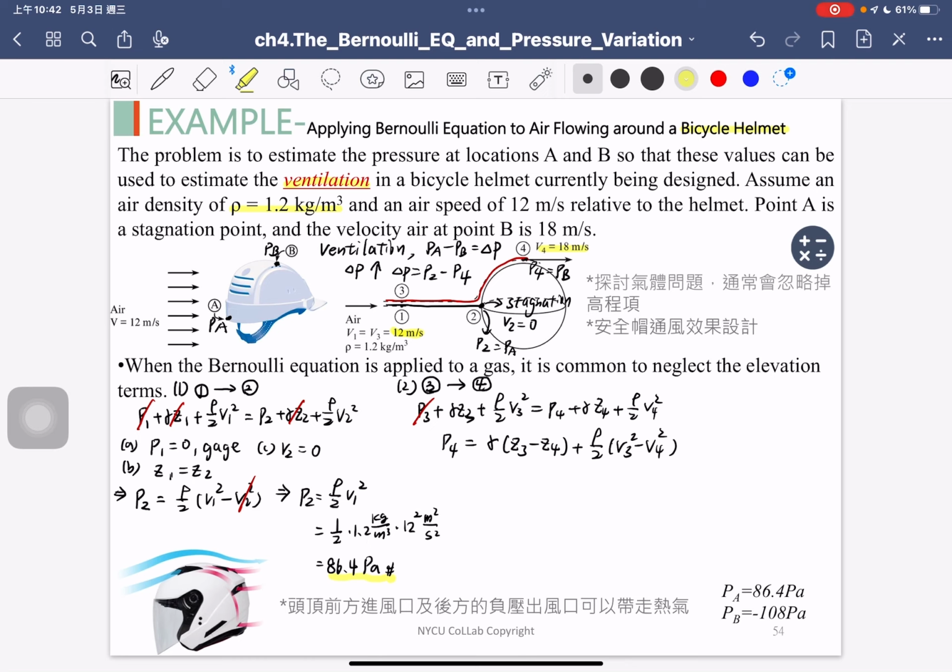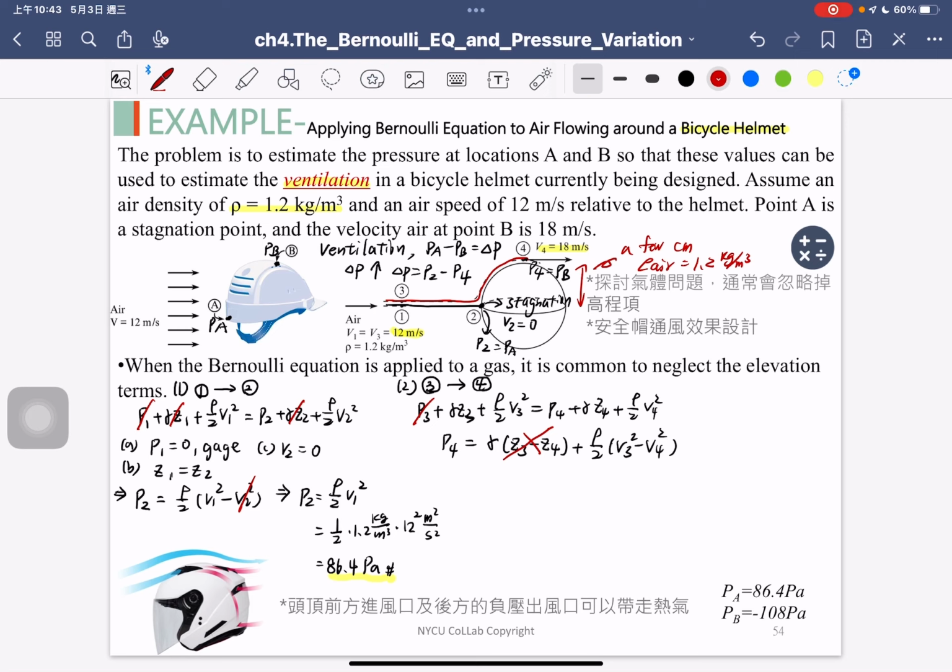But the elevation change for the helmet should be a few centimeters, and the density of the air is 1.2 kilograms per cubic meter, so the contribution from the helmet elevation difference to the pressure change is quite small. For this question, I don't know the elevation change between the middle point and the top of the helmet, so I cannot figure out this item.